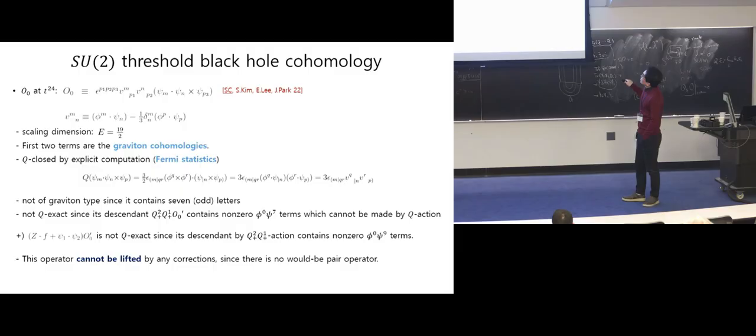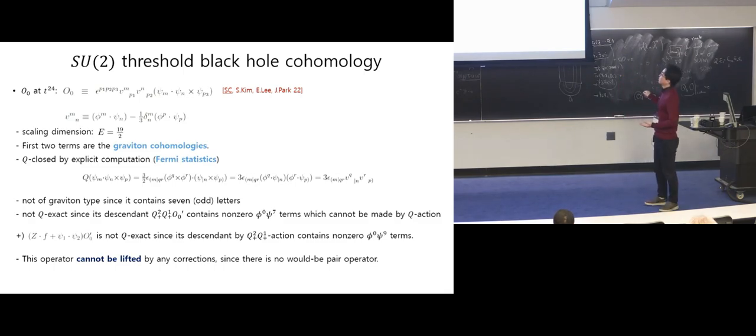Then we multiply 2 V's, and also certain fermion triplets, and then contract all the SU2 indices. This will give you non-trivial Q cohomologies. You can show that this is Q-closed by explicit computation, and you can also show that this is Q-closed due to the SU2 trace relation.